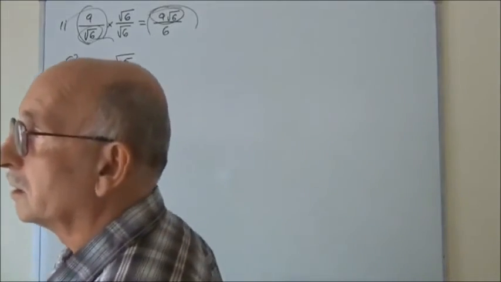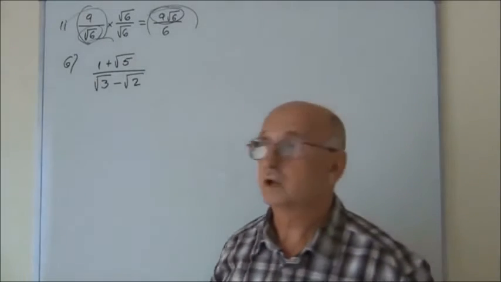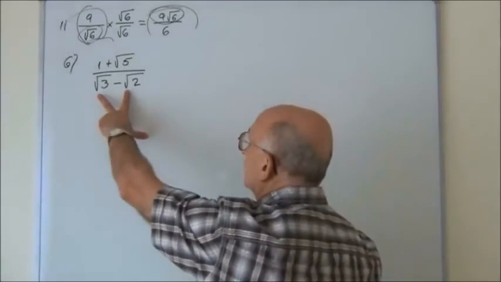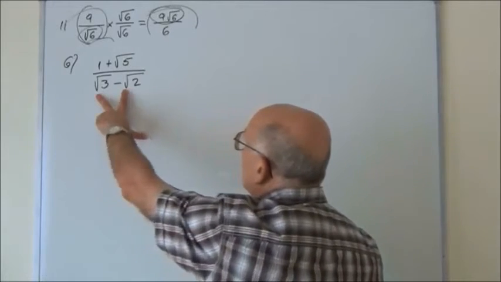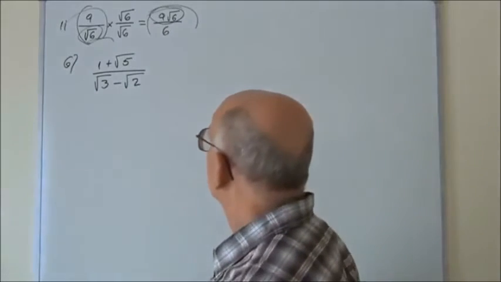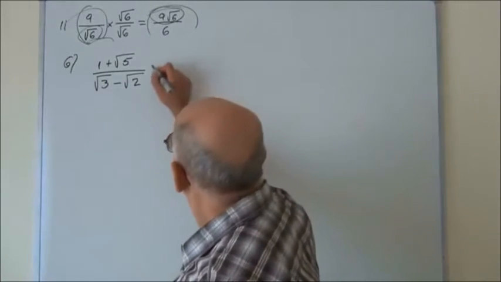The difference between this question and questions 4 and 5 is that now both of those numbers are surds, and we have to rationalize the denominator, we have to get rid of those two surds.